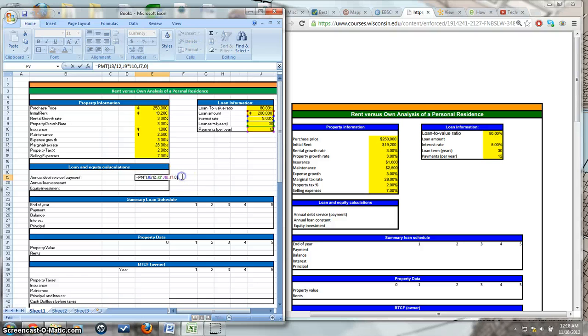So what I'm going to do is multiply it times negative 12, and actually, just so you can use a different number of payments per year and still have this work, I'm going to multiply it times a negative whatever your payments per year is, so that the formula always corrects for the annual payments amount.